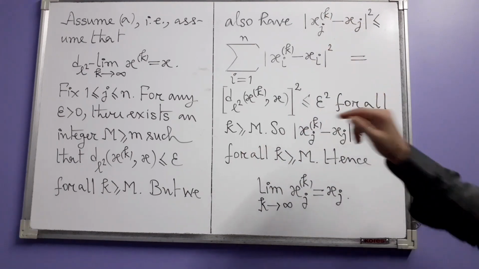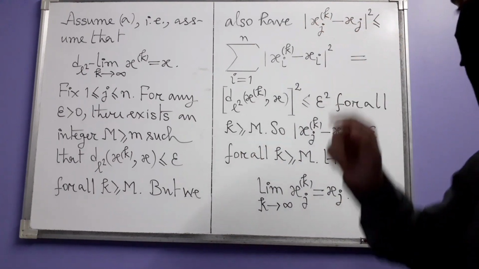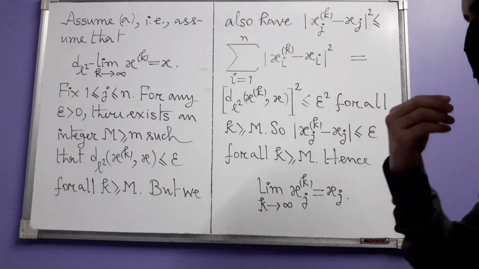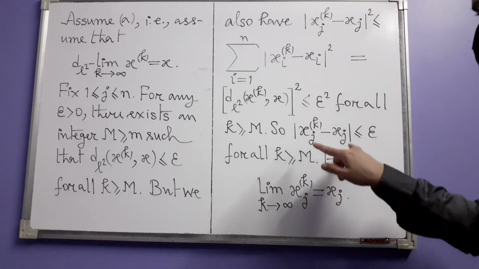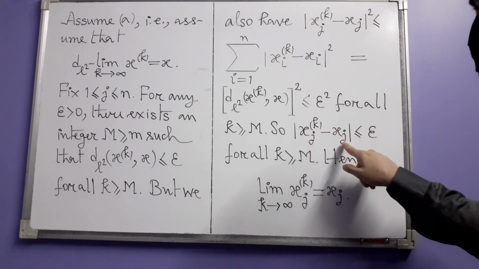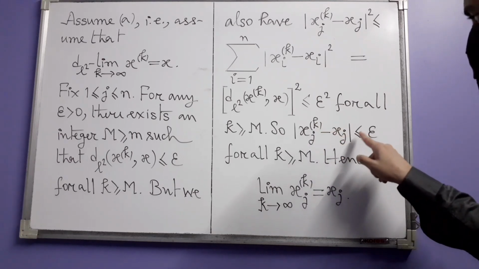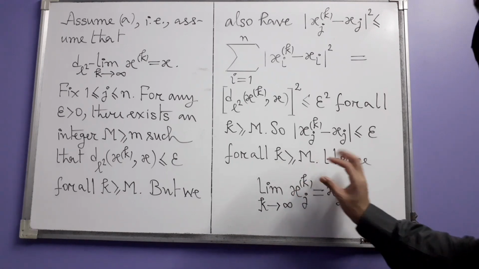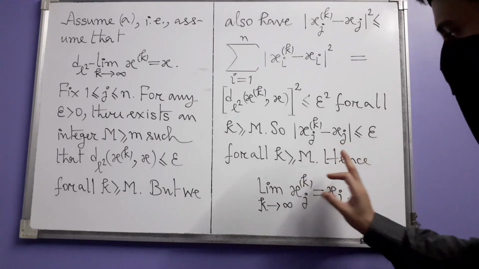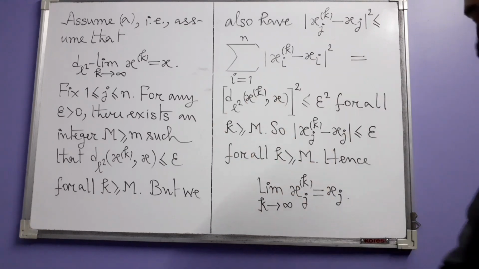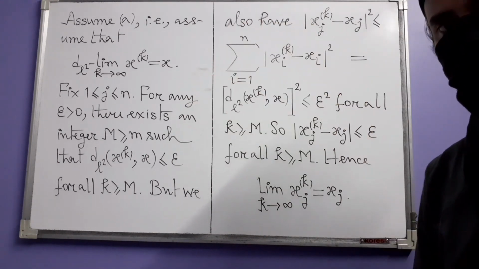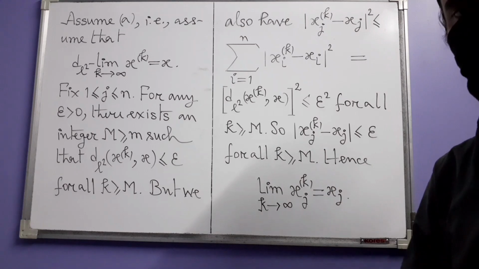Because we are dealing with non-negative quantities, this absolute difference is a non-negative real number and epsilon anyway is positive, so you can take square roots from both sides and that will give you this: the distance between xjk and xj, real numbers, is less than or equal to epsilon for all k greater than or equal to m. But then this sequence of real numbers xjk where k changes from m to infinity converges to the real number xj, and that's what we wanted to show. So that means A implies D, and now we will prove that D implies A.